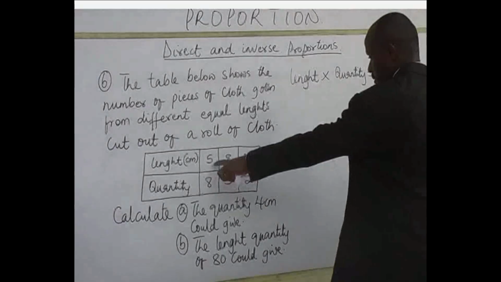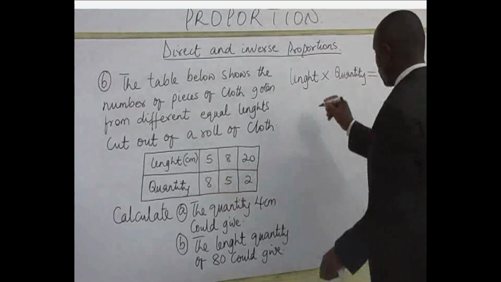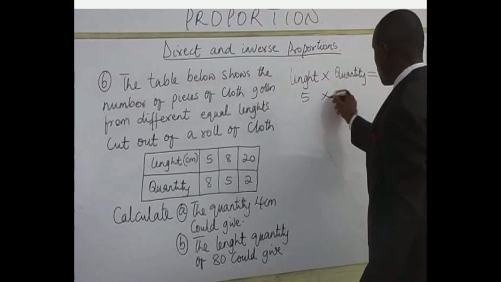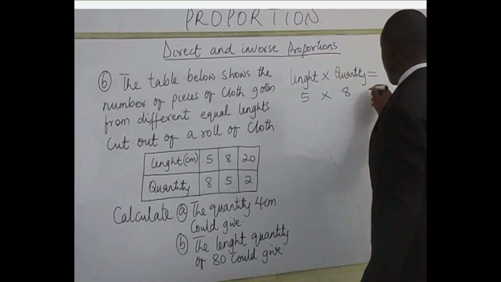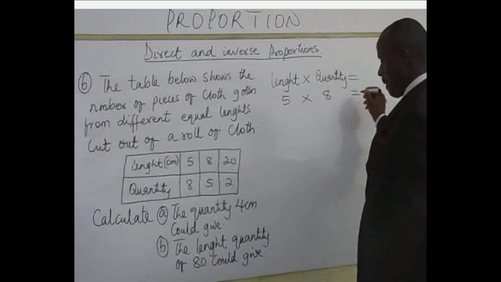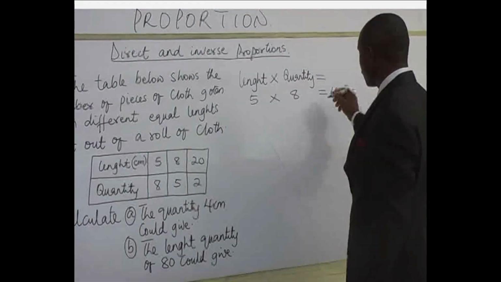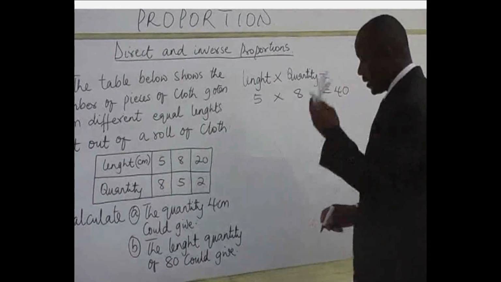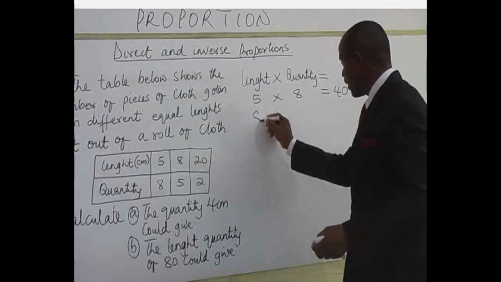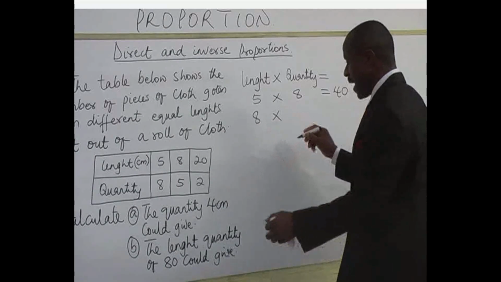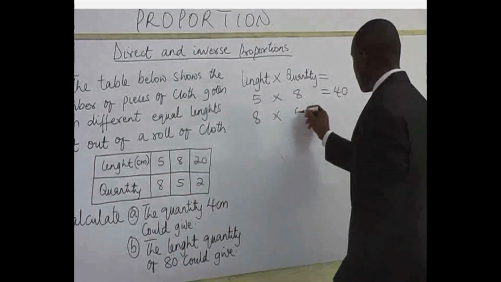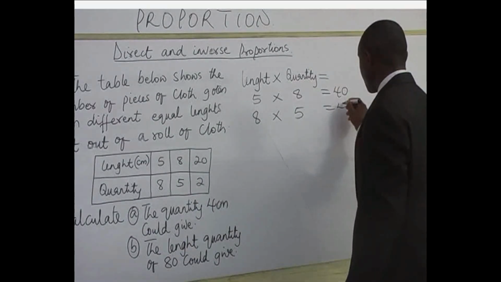In the first instance, the length was 5. Multiply it by 8, it will give you a figure. 5 times 8 is 40. You could see the same: length of 8 multiplied by quantity of 5 will give you the same 40.